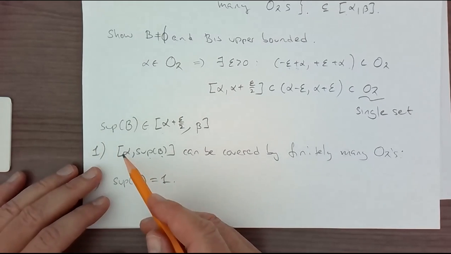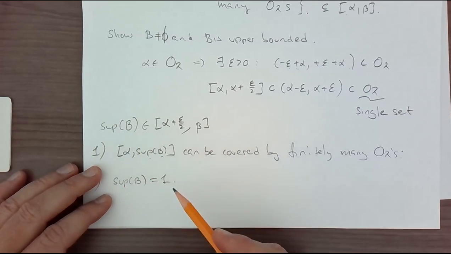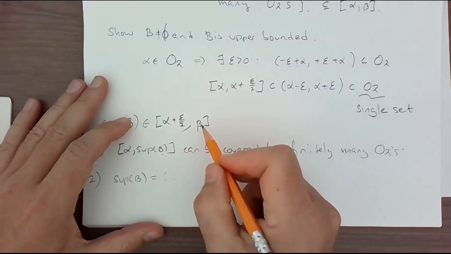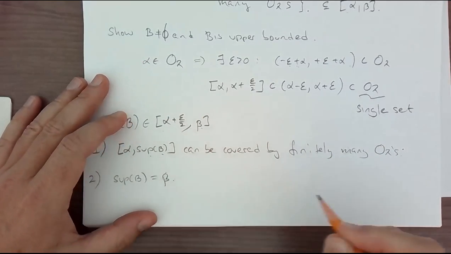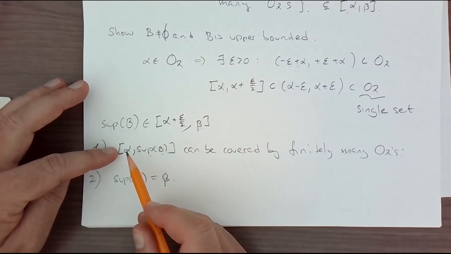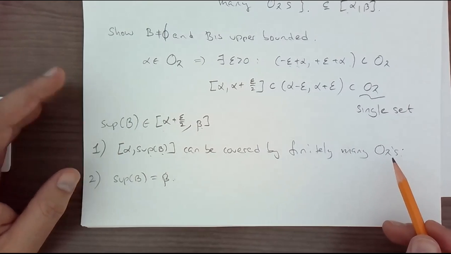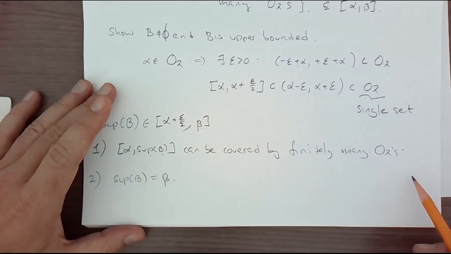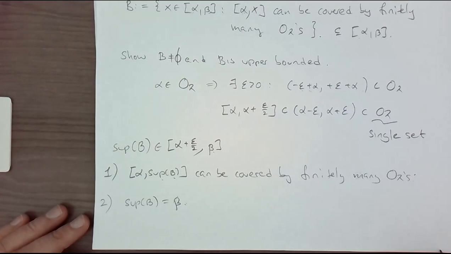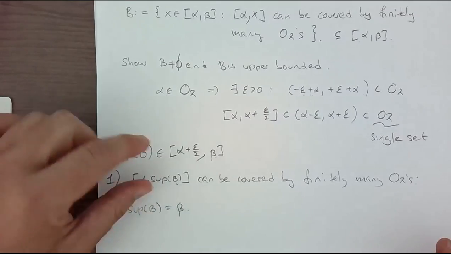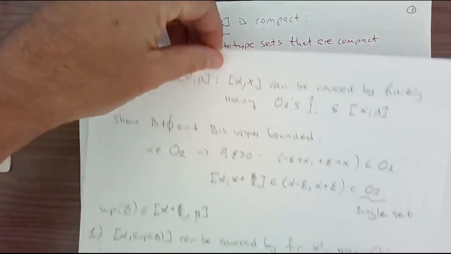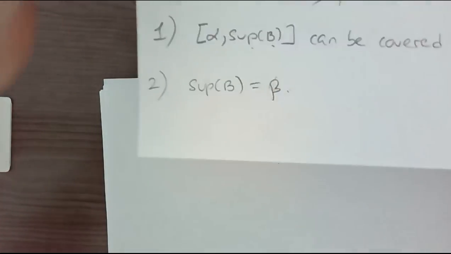Combining these two, I'll be able to say that the closed interval from alpha to beta can be covered by finitely many O lambdas, and then we're done, because this was the claim. In the lecture last Wednesday, I tried to combine these two into one step, and I think that caused confusion. So let me not do it this time.